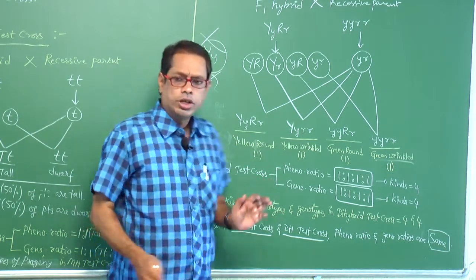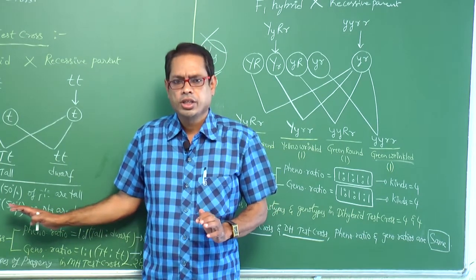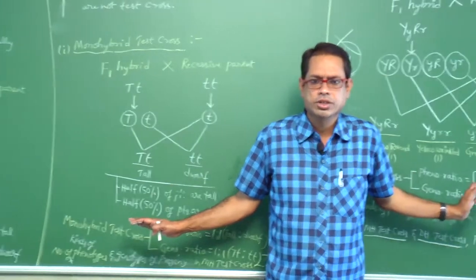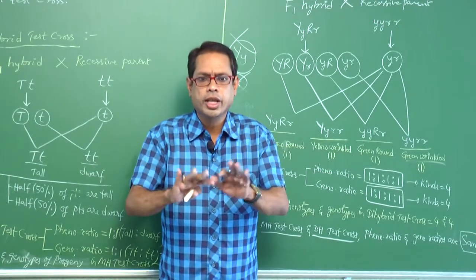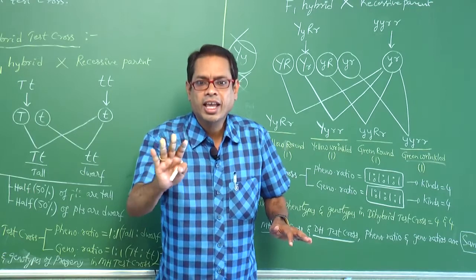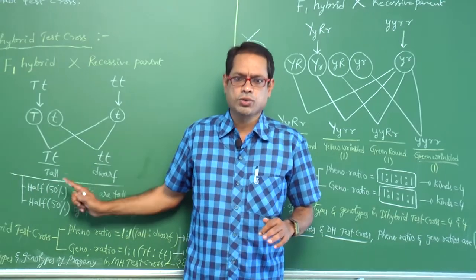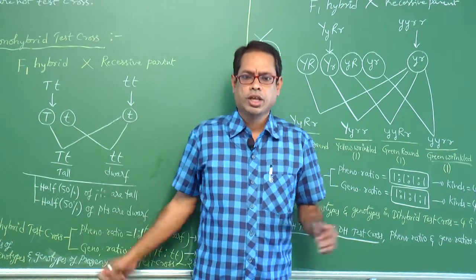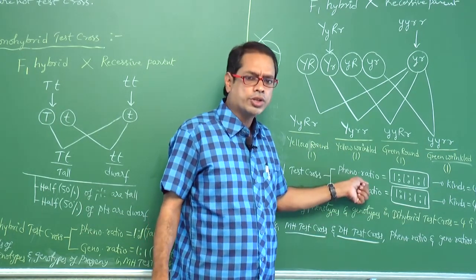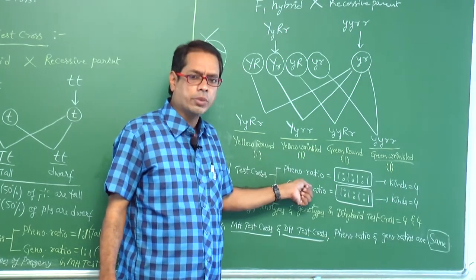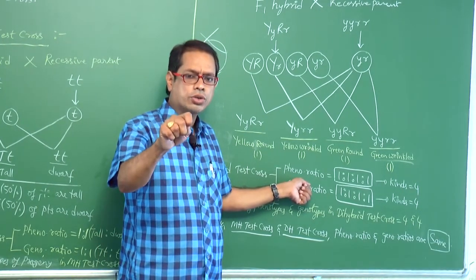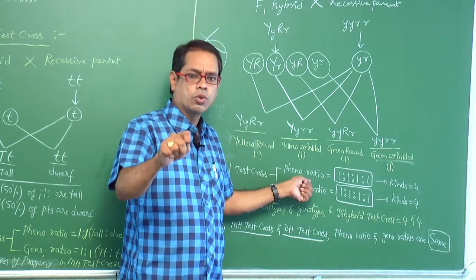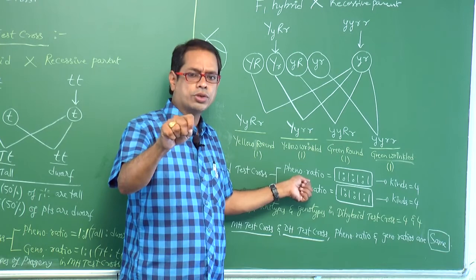So in the monohybrid test cross and dihybrid test cross, both phenotypic and genotypic ratios are the same. Here 1 is to 1 phenotypic ratio, 1 is to 1 genotypic ratio. In the dihybrid test cross, phenotypic ratio 1 is to 1 is to 1 is to 1, genotypic ratio 1 is to 1 is to 1 is to 1.